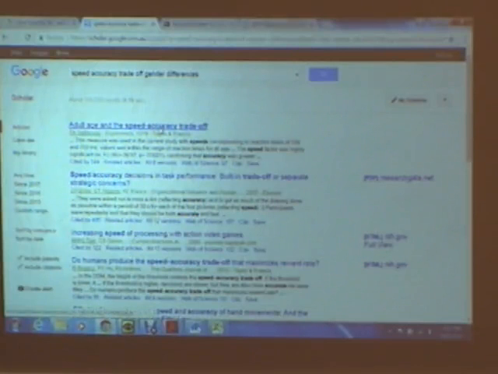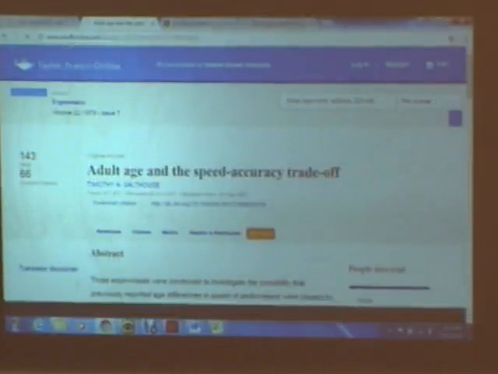We can test this. We can actually see if women or men are faster or more accurate or whichever it is. And you can then compare it to this. You go to the paper and you can look at their results and ask, do my results match that?